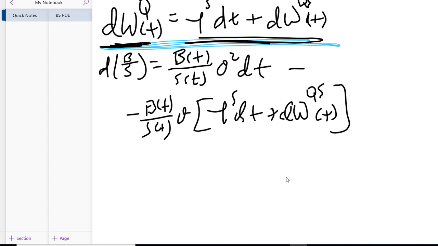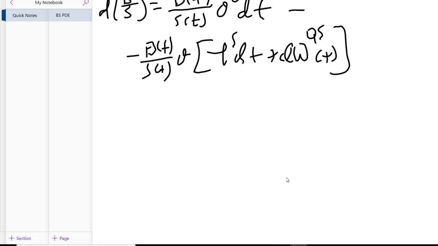So simplifying this, to save some space, I'm just going to show you how the dt terms collect.